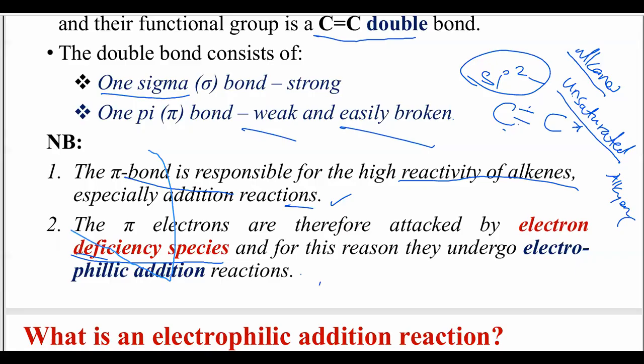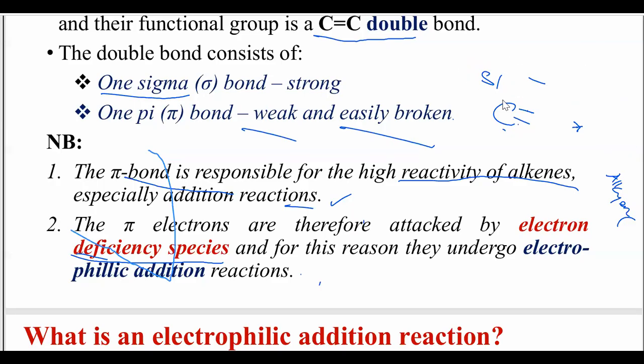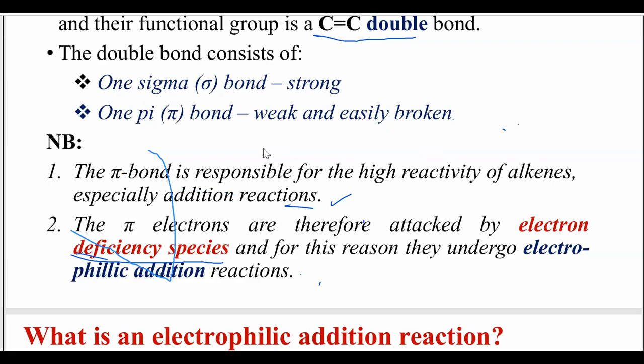Well, an electrophilic addition reaction is that reaction in which an electrophile or electrophilic reagent adds to an alkene or alkyne to form a single product.